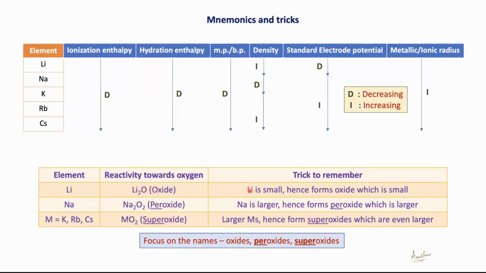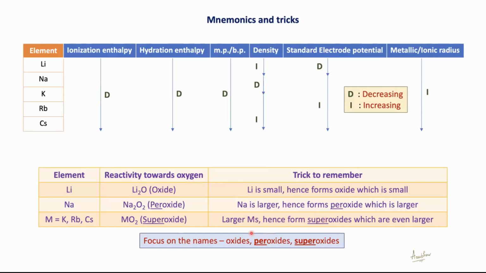Lithium is the smallest one, so it forms oxide. Sodium is larger, that's why it forms peroxide. So per comes in front of oxide. And in case of the other elements, that is potassium, rubidium or cesium, we have Su in front of per. So it will be superoxide.